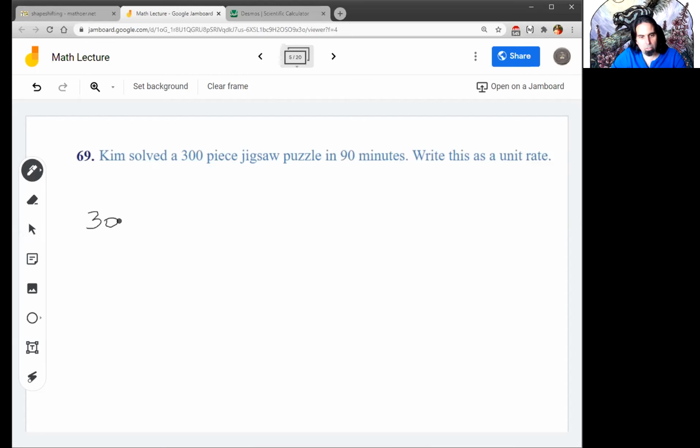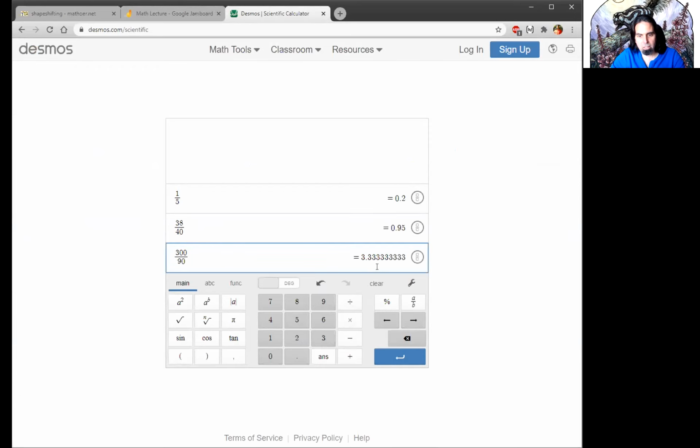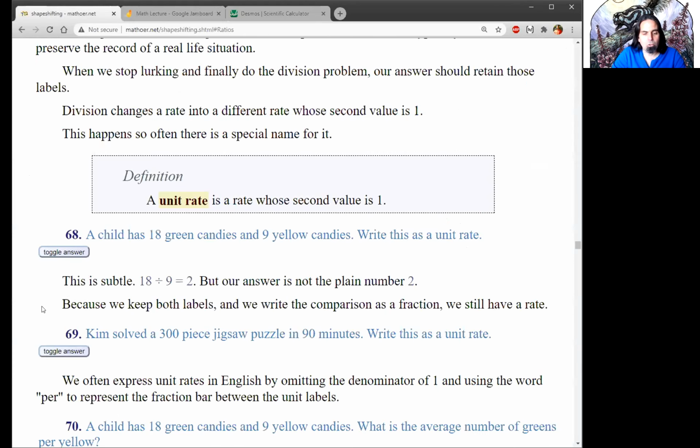So I'll take my 300 pieces, divide it by the 90. 300 divided by 90, and we get 3.3 repeating. Does everyone know the bar over the top to mean repeating? I should make it look like a flat bar. So there we go. All it is is division, just a specific context of we're wanting a per, we're wanting an out of. So we are comparing two numbers and doing top divided by bottom.